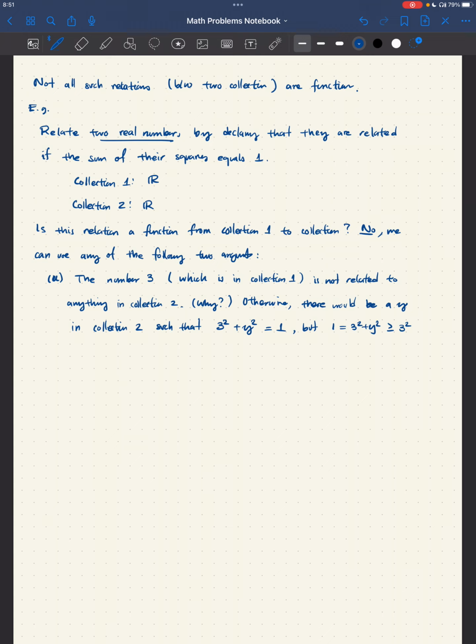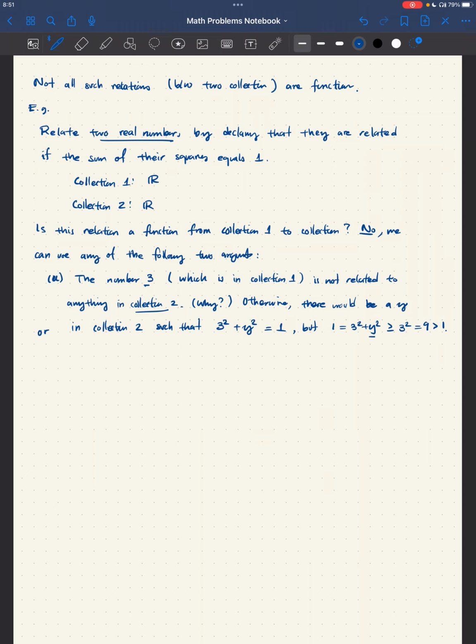So I'm just getting rid of that possibility by removing that y squared. But this is 9, which is certainly greater than 1. So that cannot happen. The assumption that this number will be related to something in this collection leads to a contradiction. So there is nothing like that.